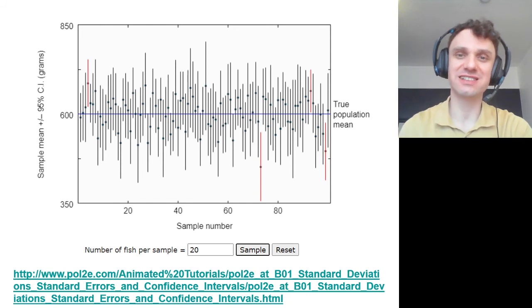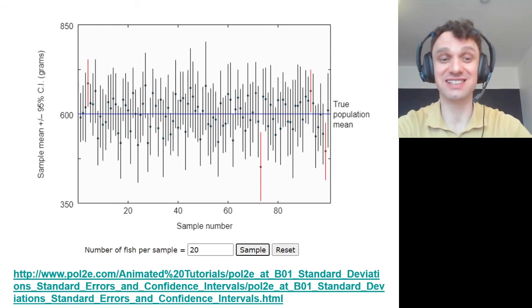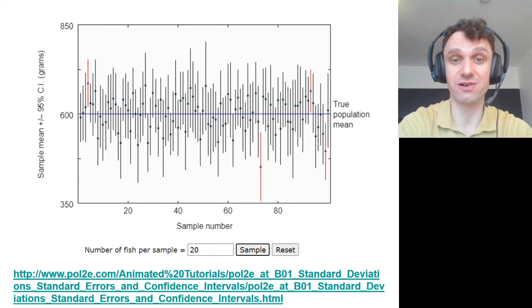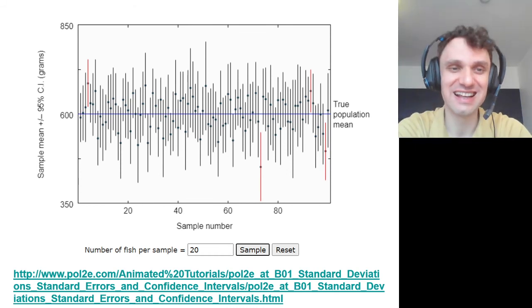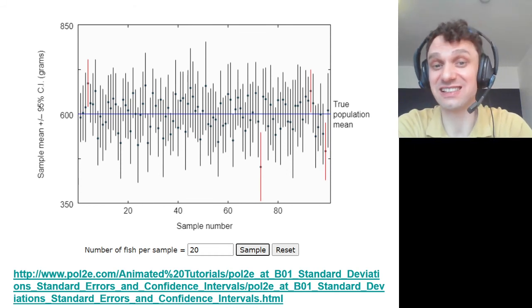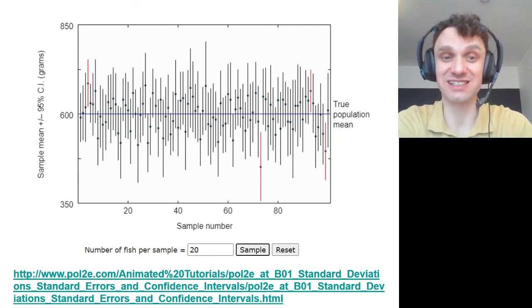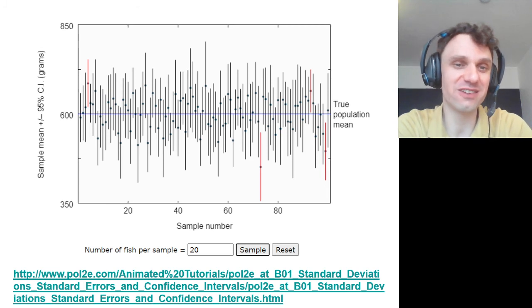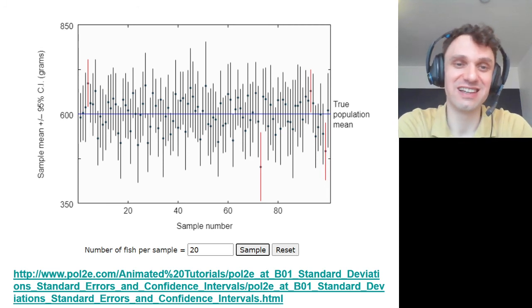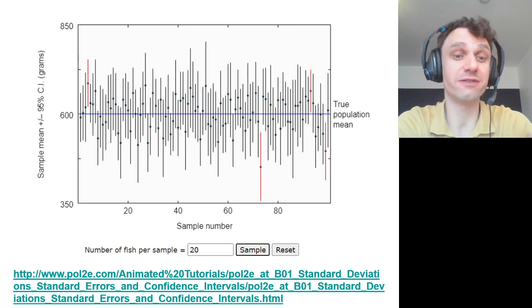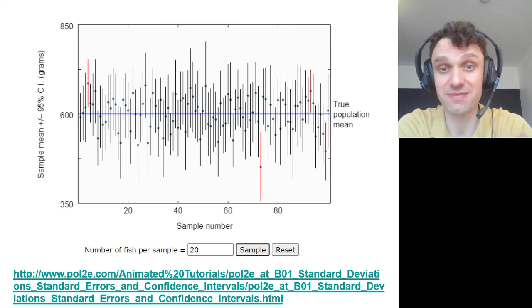There are very many different simulators online where you can play with those statistics. This one comes from some kind of biological study. People were interested in the average weight of a fish of a certain species. And imagine that different researchers catch samples of just 20 fish of this particular species.